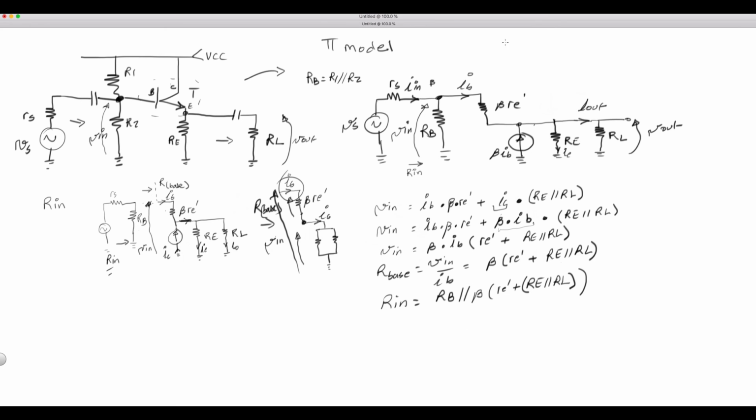Okay, and we're going to write that here. So Rin for this circuit is going to be equal to RB in parallel with beta times little re prime plus RL in parallel with RE.